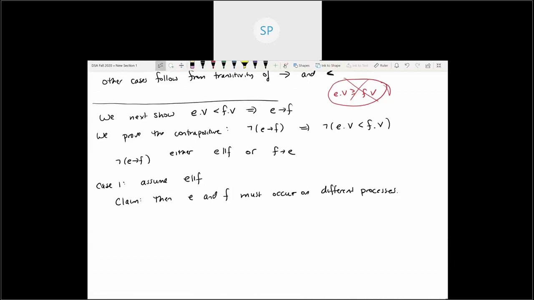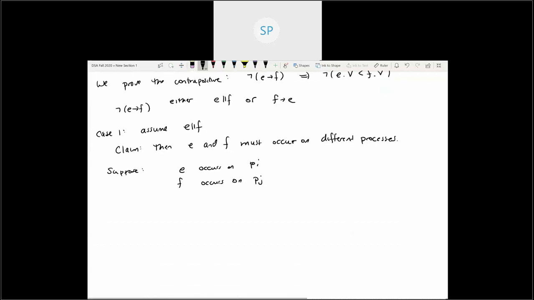Okay, so let's suppose, just like before, E occurs on Pi, F occurs on Pj. So I guess this one's maybe a little bit tricky to wrap your head around, but if we look at the ith component of E's timestamp, just say it's equal to some number K, this means E is the kth event at Pi.